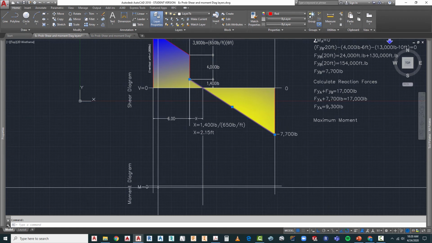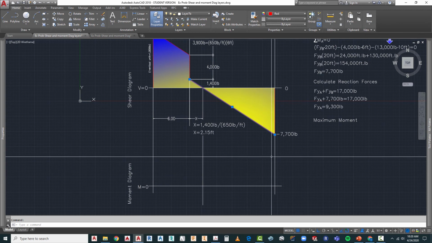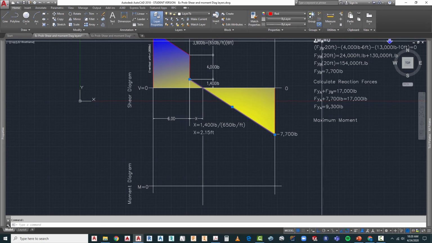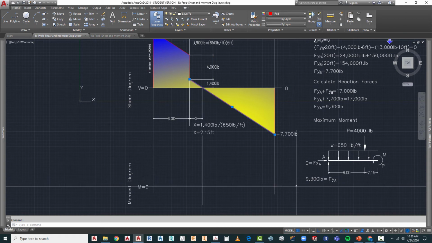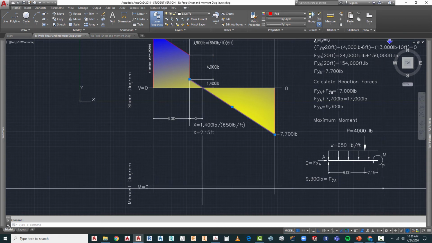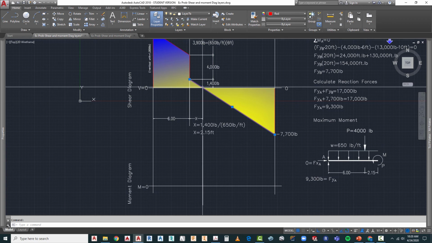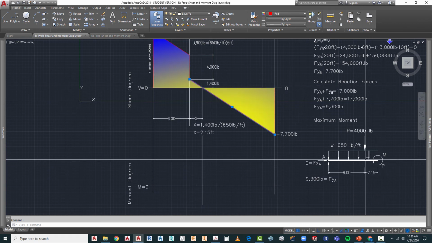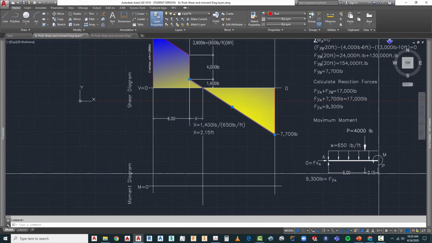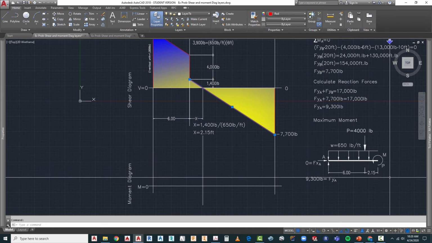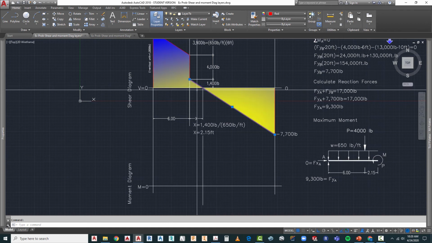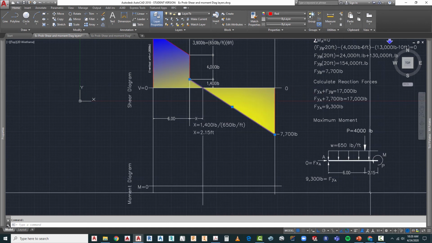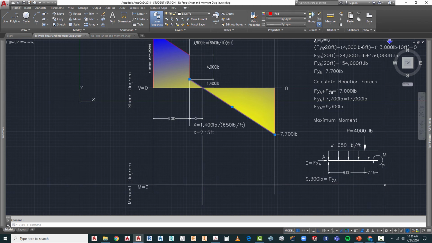What is our maximum moment, so we can draw our moment diagram. So what we need to actually do is create a separate free body diagram around what would be considered this point, which is our maximum moment. So that's what we're going to try to solve for with this free body diagram for the moment around point P, which is going to be our location point for where shear is equal to 0.